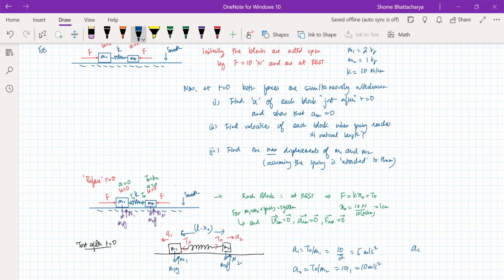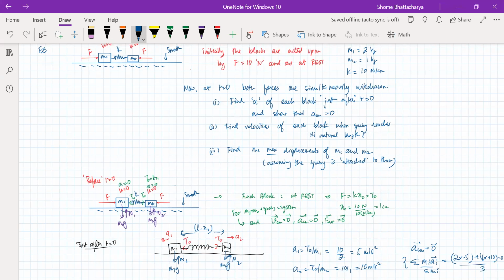But you can see the acceleration of the center of mass will be 0. Either you can show it by the fact that summation m a will become 2 into minus 5 plus 1 into plus 10. So that's 0. Okay.